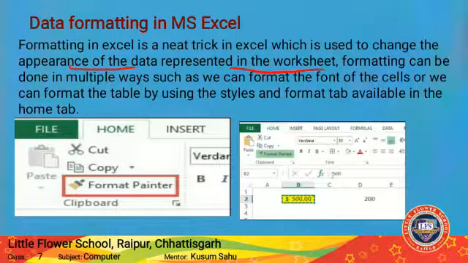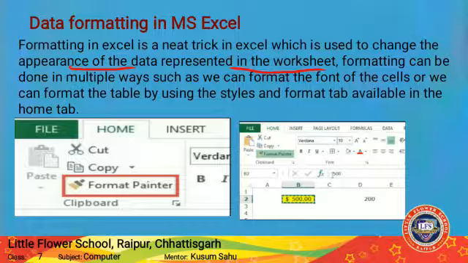Means formatting means to change the appearance of the data we have recorded there. Means change of cells, colors, shape, size, height of the rows, columns, etc. we can do with the help of formatting only.